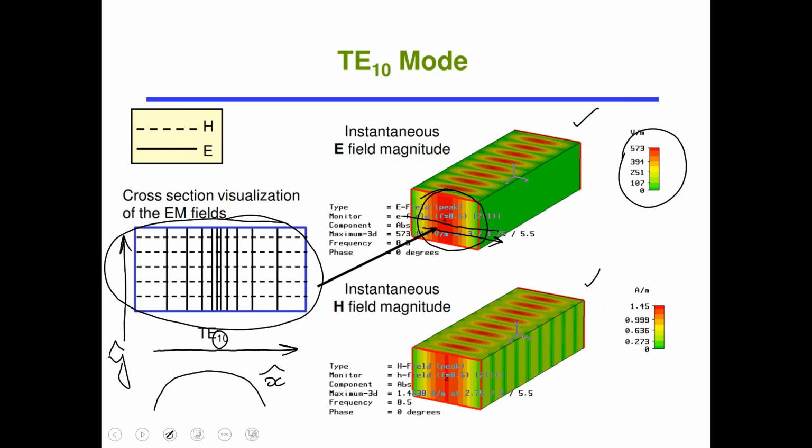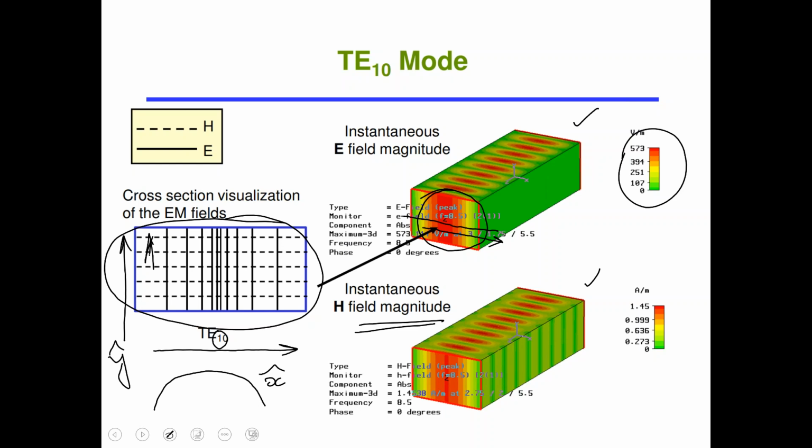Similarly, you can plot the H field magnitude, not the phase, just the magnitude. Again, you see that the H field is pointing in a different direction, so the field vector is different. But again, it does not vary in the Y direction, as with the cuts we talked about yesterday, but it does vary in the same form in the X direction.